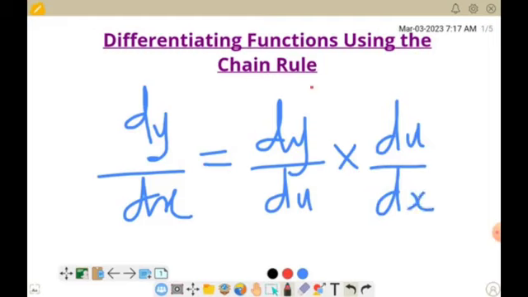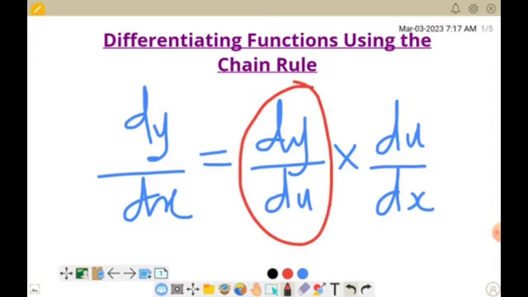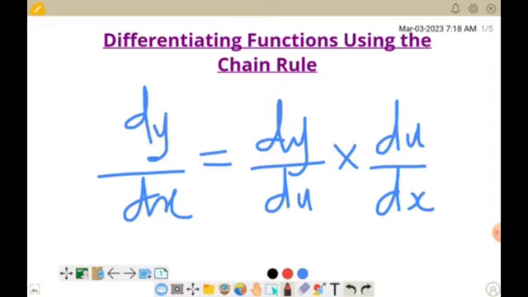The expression dy/du is the derivative of a function with respect to u, and the second one, du/dx, is a function differentiated with respect to x.